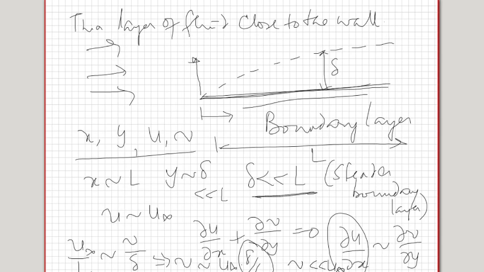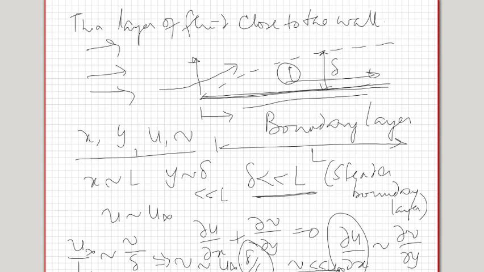So this is also intuitively understandable. The component of velocity in this direction, in this particular flow, will be much smaller than the component of velocity in this direction, because the predominant flow direction is this. The vertical component is going to come because there is a slower moving layer of fluid closer to the wall, and therefore the fluid that is coming at the wall will be slightly directed away, and there will be a vertical component, but that component is likely to be much, much smaller than the horizontal component.